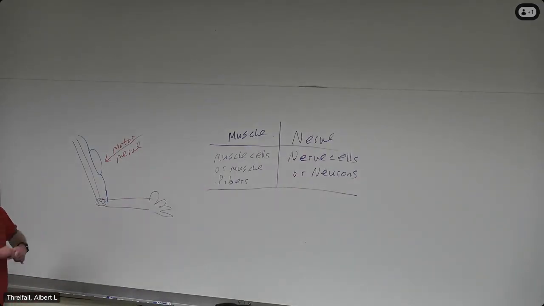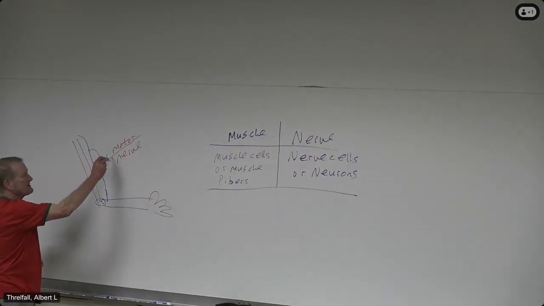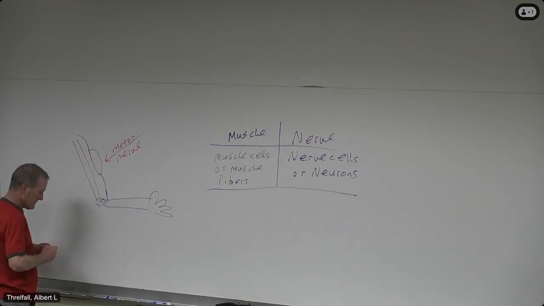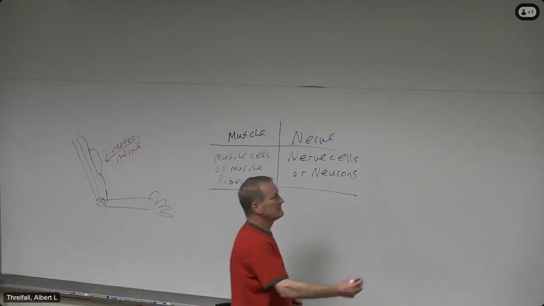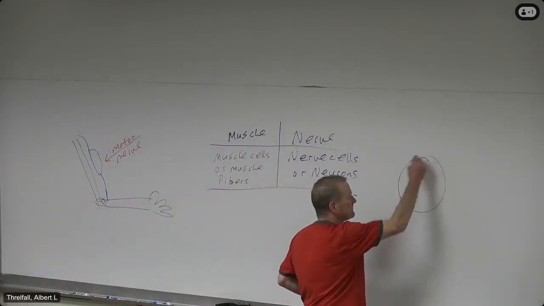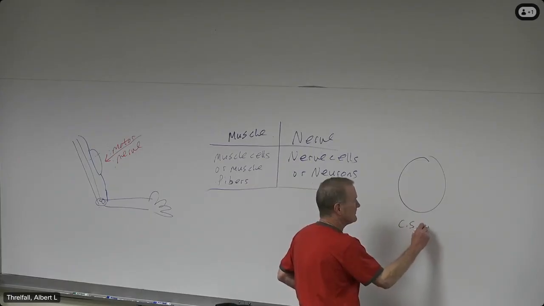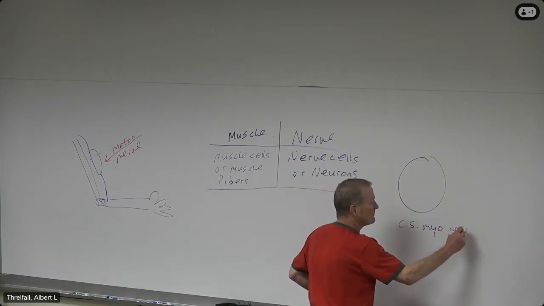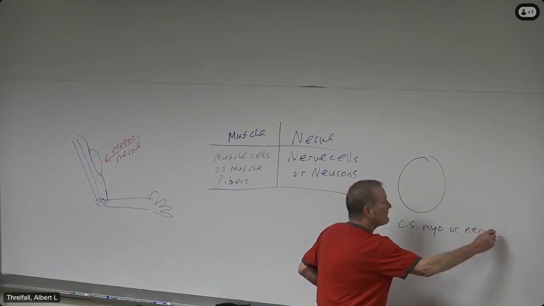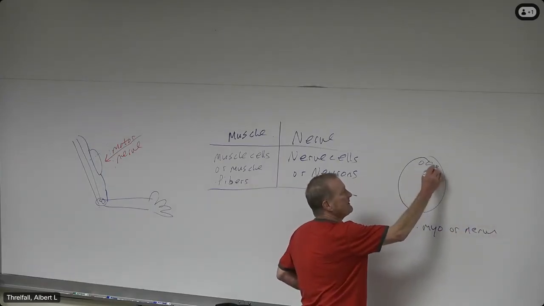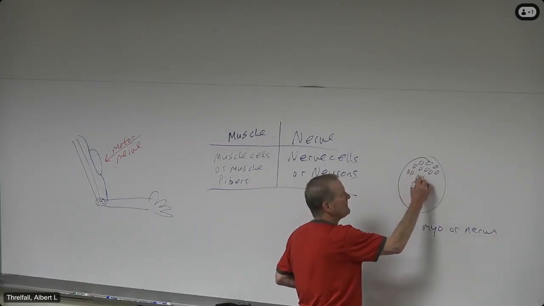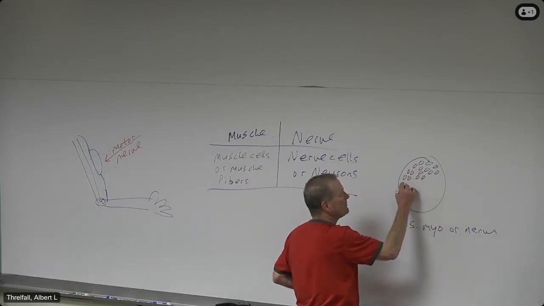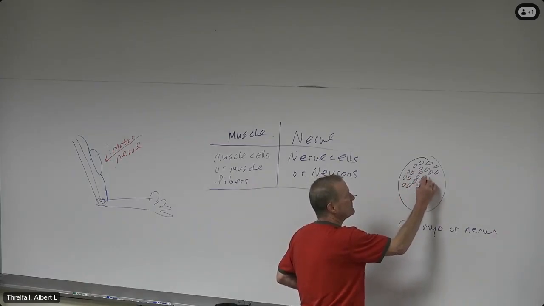So if we look at a cross section through this nerve or a cross section through this muscle, we would see many individual nerve cells, or if it was a muscle, many individual muscle cells.